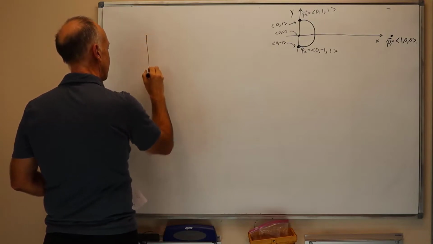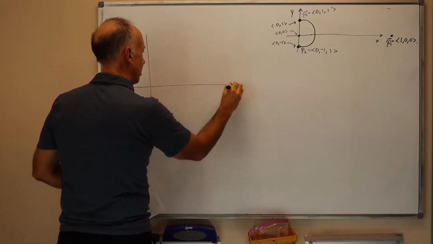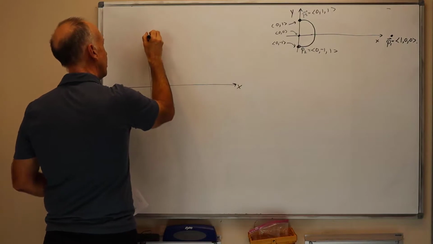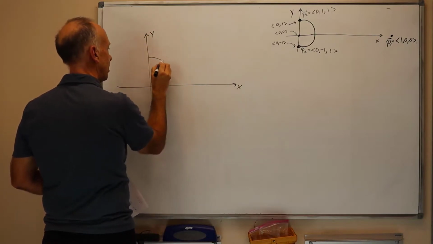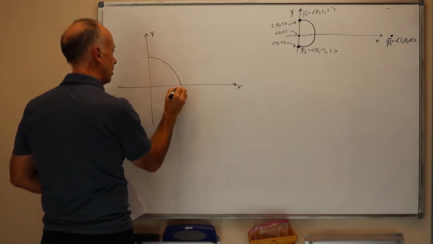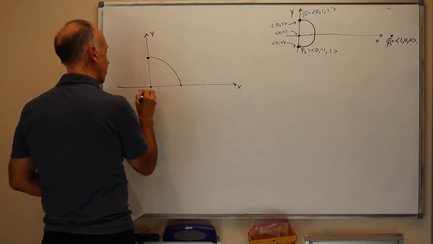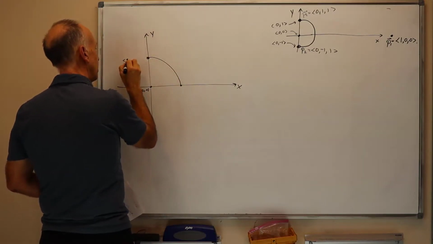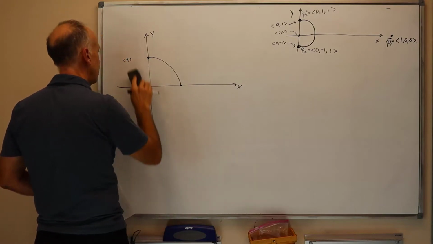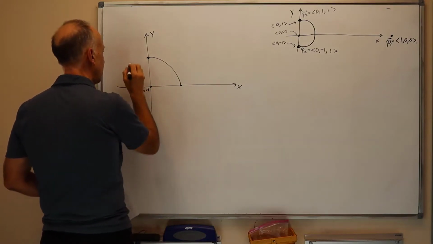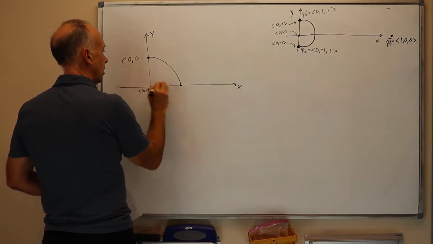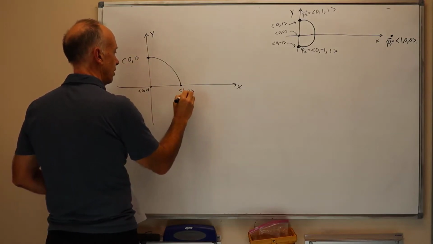So for instance, here's the x-axis, y-axis, and let's take a semicircle of radius 1, centered at the origin. Here's the point (0, 1) where the semicircle starts. And here's the point (1, 0) where the semicircle ends.